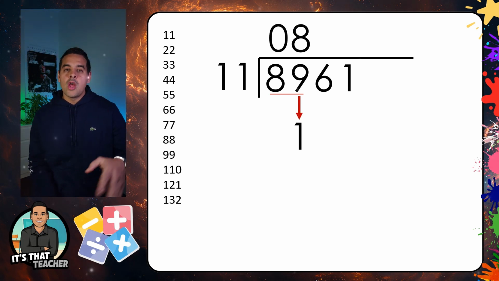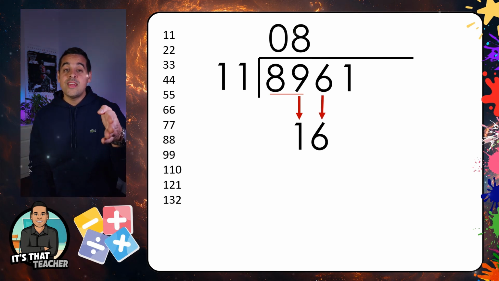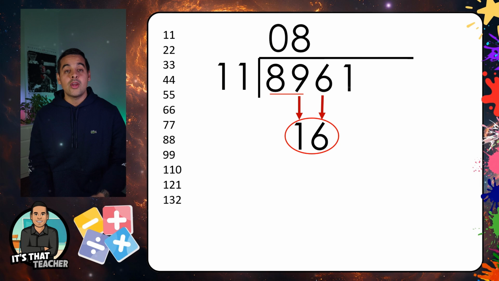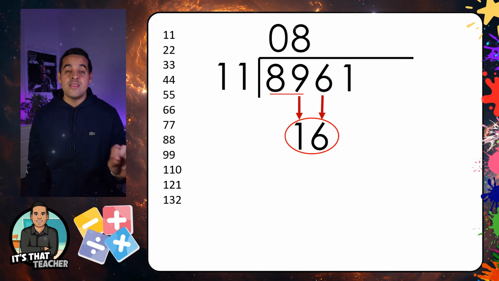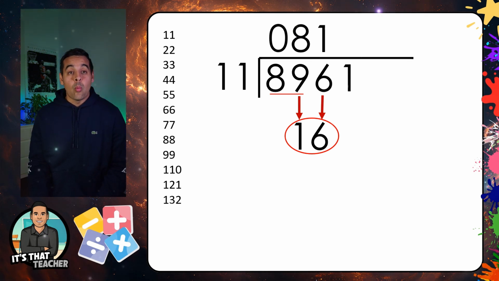Now, like I said, when you move on to the next digit, the 6 in the tens column, you need to just move on and bring that down, creating a new number, 16. So you bring it down next to your remainder from the previous number. How many 11s can fit into 16? That would be 1.